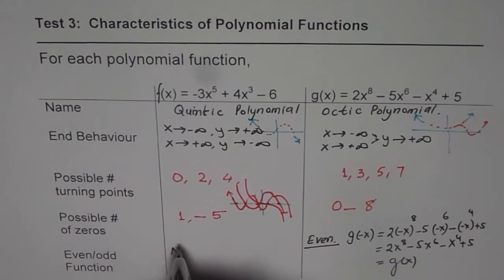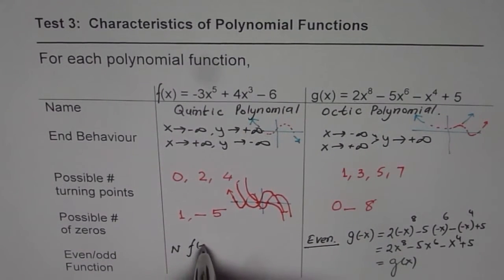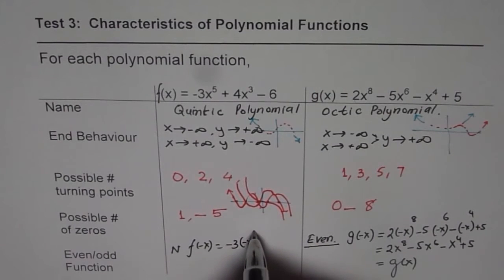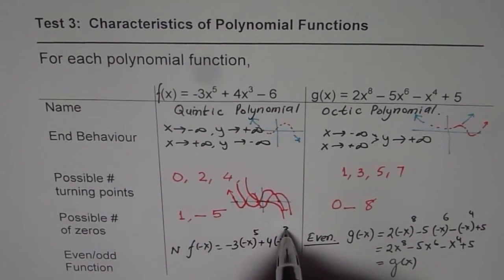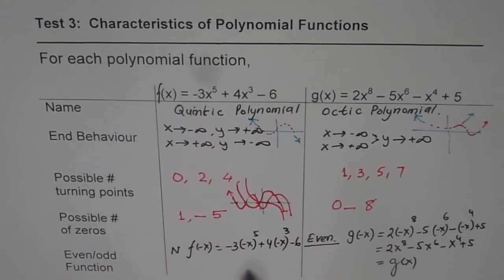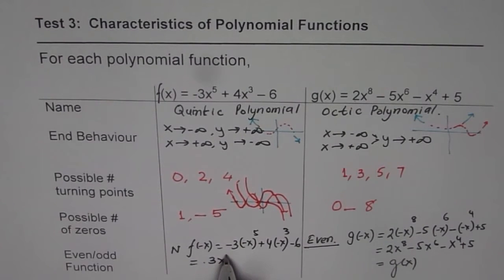For odd, let us find what is f of minus x for the first one, right? So in that case, we get minus 3 times minus x to the power of 5 plus 4 times minus x cubed minus 6. Now, if odd is the exponent for negative x, then what do we get? This will be negative, right? So it will be plus 3, so 3x to the power of 5.